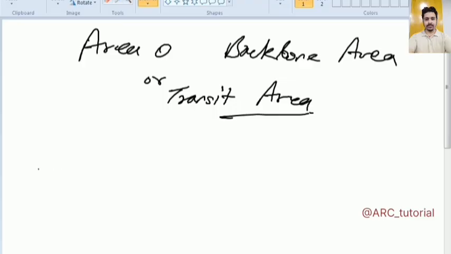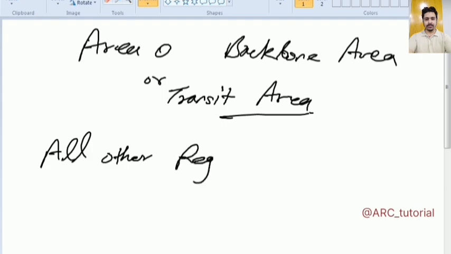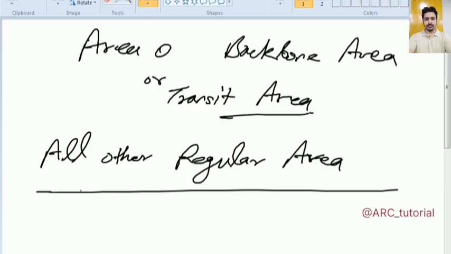All other areas except area 0 will be known as regular areas. Understood?